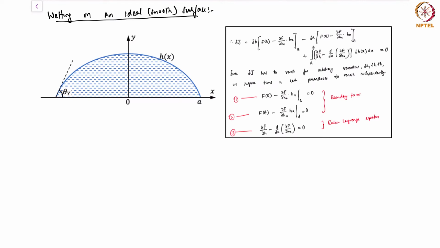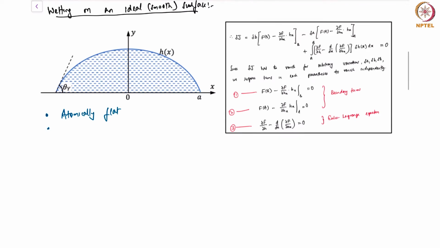Ideal as in, this is a surface which is smooth. Again, let me quantify what I mean by smooth. Smooth is atomically flat. This is a surface which is chemically homogeneous, and it's isotropic.